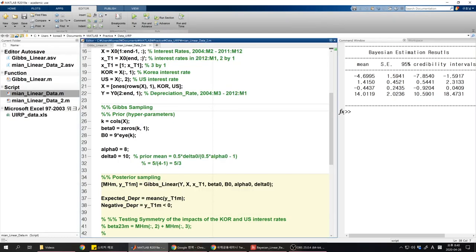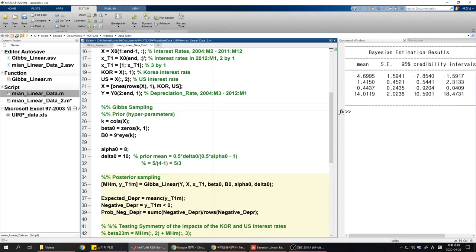Just take the sum. So the probability of negative depreciation rate is the sum, divided by the number of rows, and then let's multiply by 100 just to express it as a percentage.